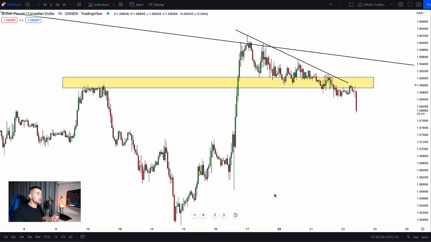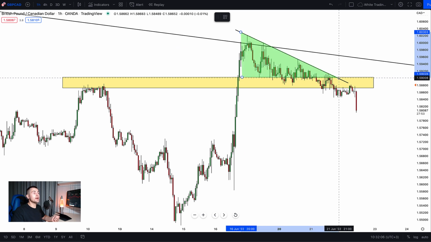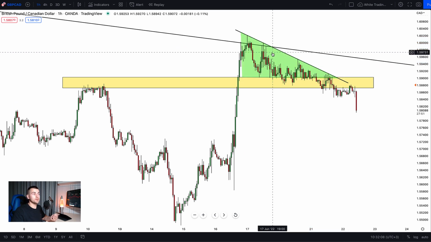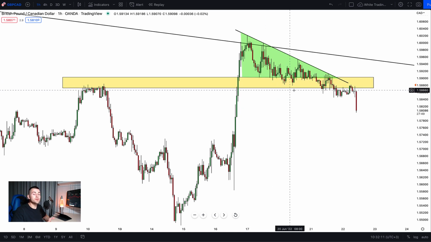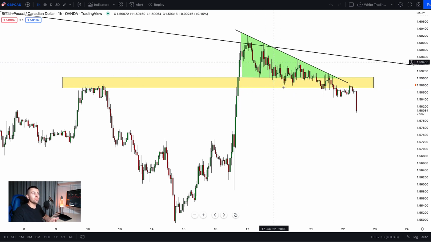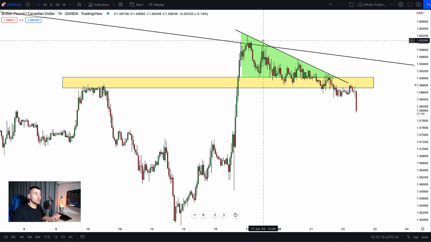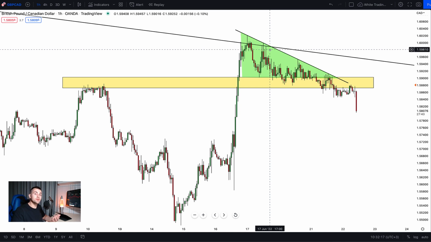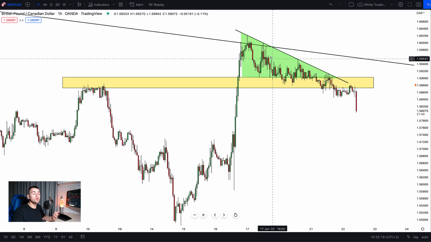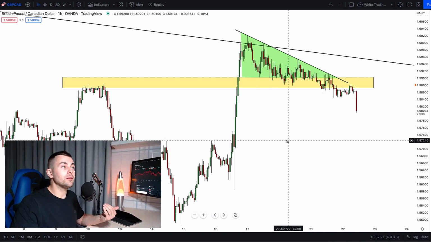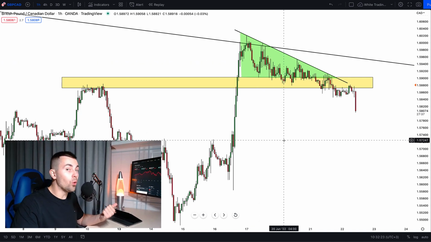So here we have a perfect example of a descending triangle formation. Yes, a classic bearish pattern. The price was respecting this support. The price bounced from that support, and each time it set a new lower high. And what is our confirmation right here?